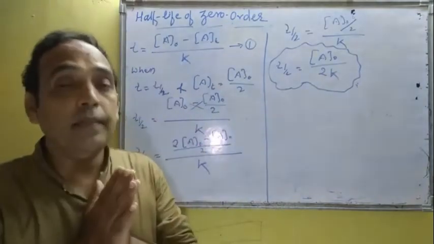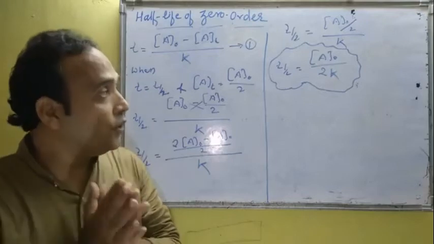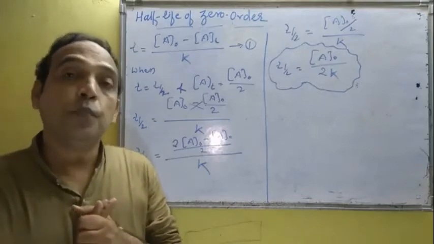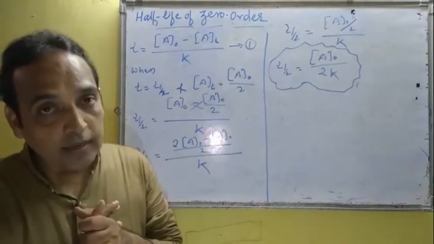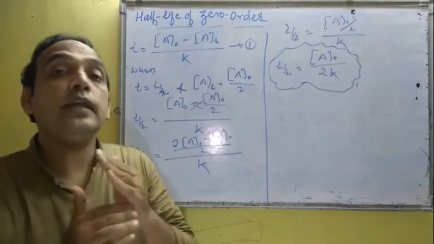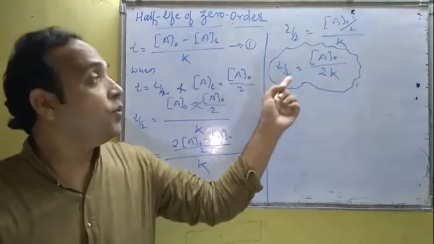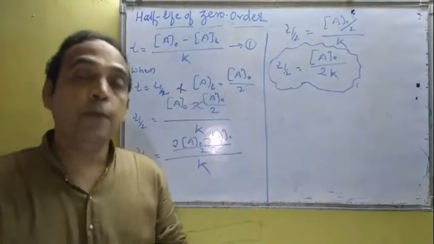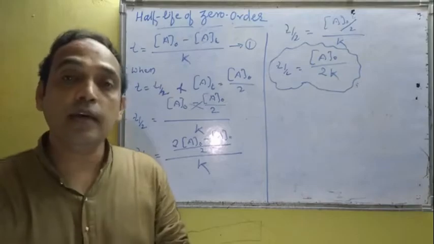So the question may ask, which equation shows that half-life of zero order reaction is proportional to initial concentration? It is this equation, T half is equal to A0 by 2K, and this is all about the integrated rate equation for zero order reaction.